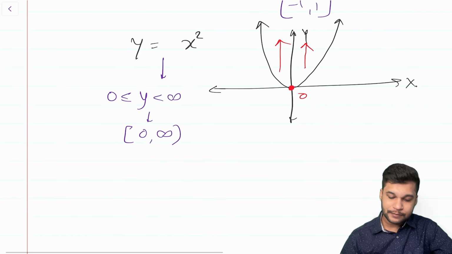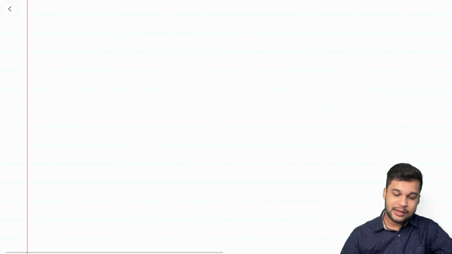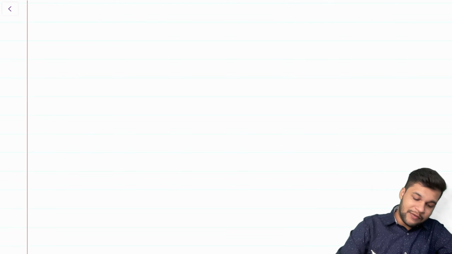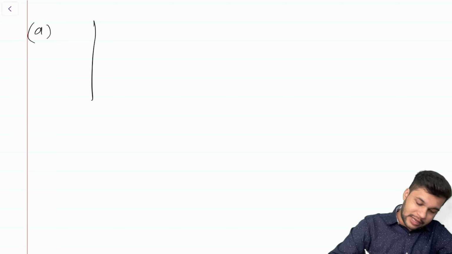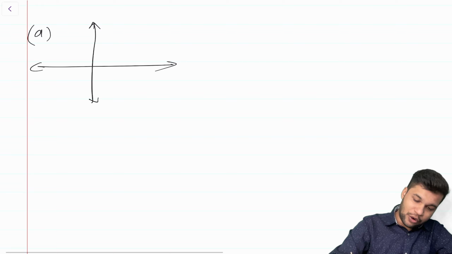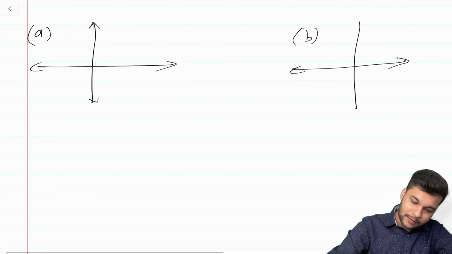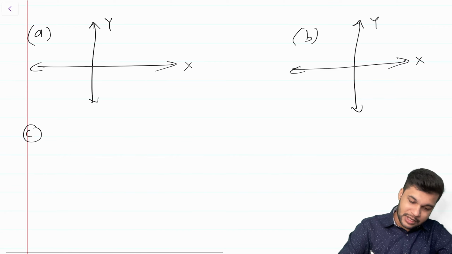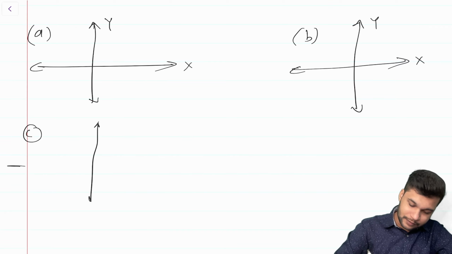Now, there is something very interesting that I wanted to discuss. I'm giving you 4 options and then I'm going to ask you a question. Let me draw those 4 options. This is your x, this is your y. Option number C, x and y.